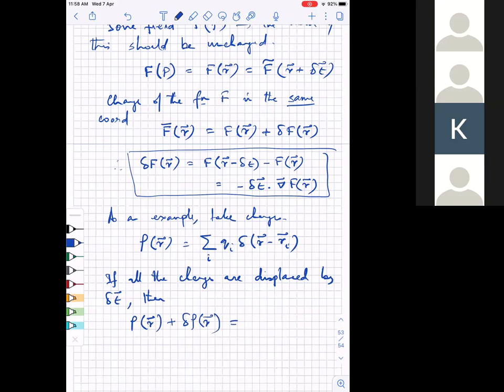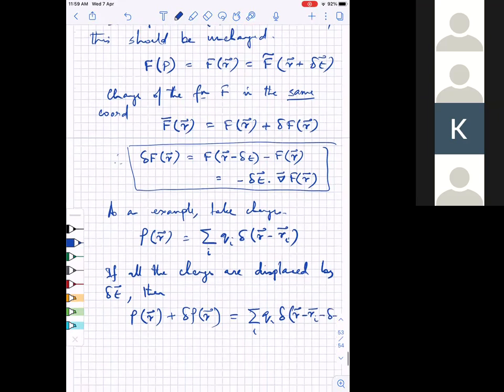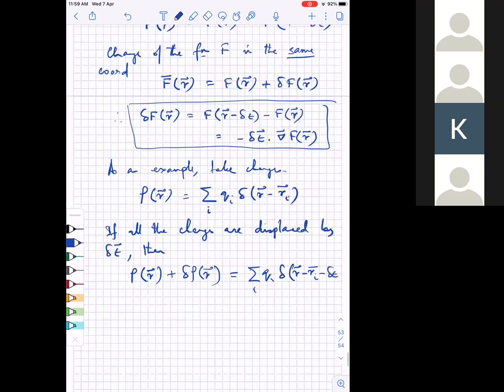This will now be summed over qi. Remember, all the positions have been decreased by epsilon, so this will be delta function of r minus ri minus delta epsilon, because all the charges have been displaced. So this is a new charge density.